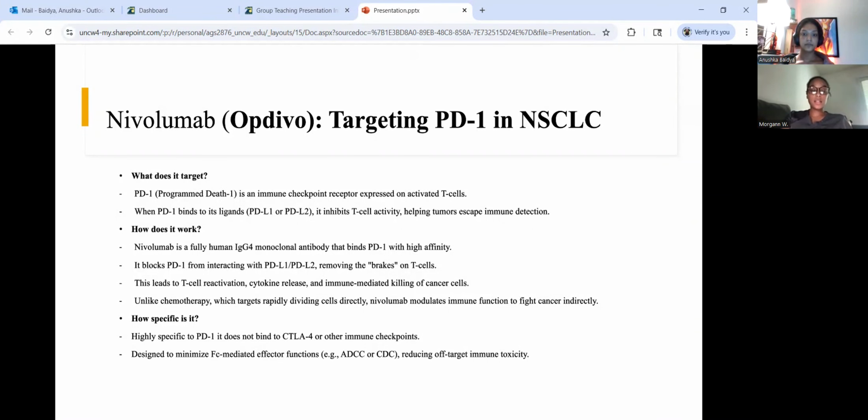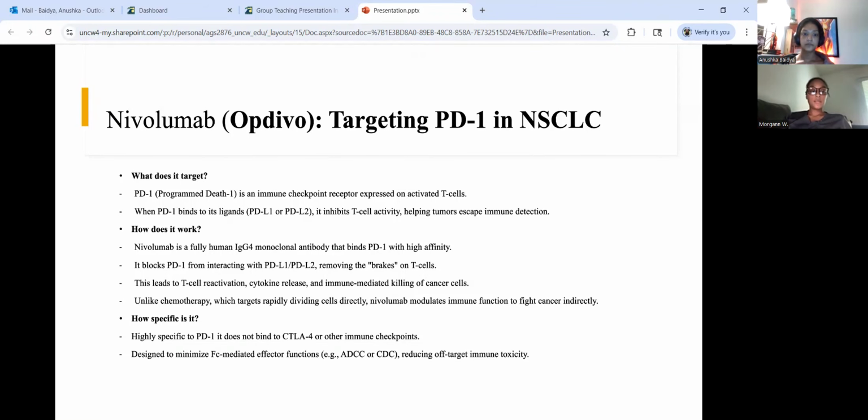And unlike chemotherapy, this treatment does not target the destruction of cancer cells. If anything, it just enables the T cells so they can work on fighting against the cancer cells. So essentially, Opdivo just aids the immune system, and that way the immune system is able to fight against the cancer.